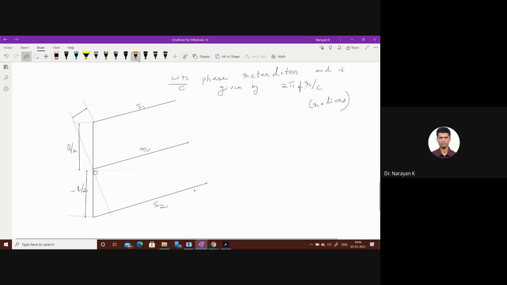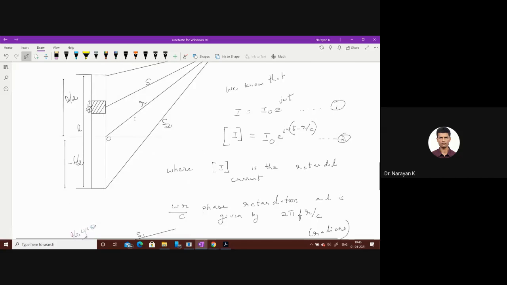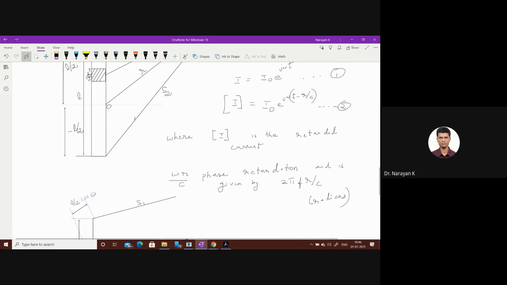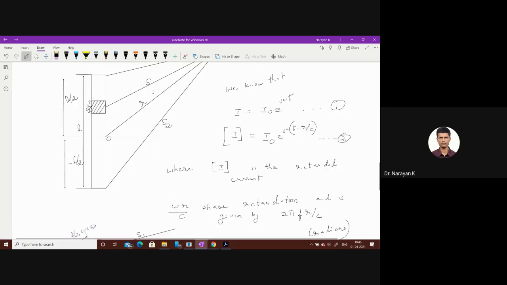Now this distance, in some other color, will be nothing but L by 2 cos theta. Clear? Yes, sir. This angle is your theta.